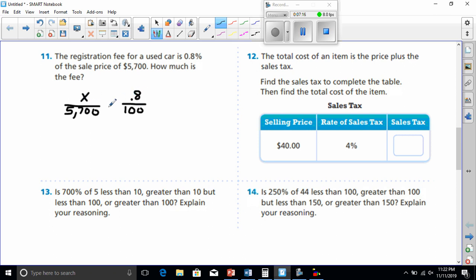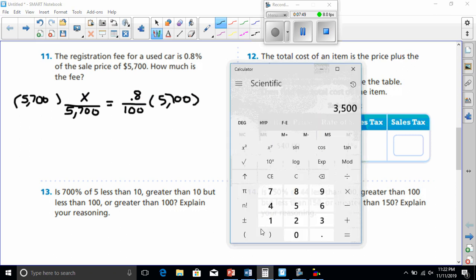To do this, we cross multiply. We could say also that we have to divide to isolate the variable. So we're going to divide whatever I multiply to one side. Since we're dividing by 5,700, we're going to multiply to the other. Now we have to take 0.8 and multiply it by 5,700.